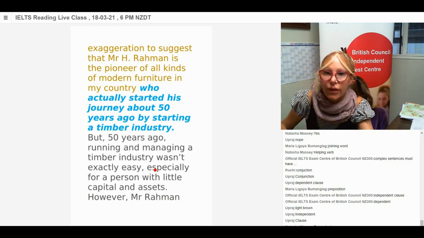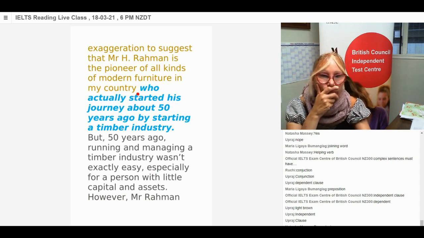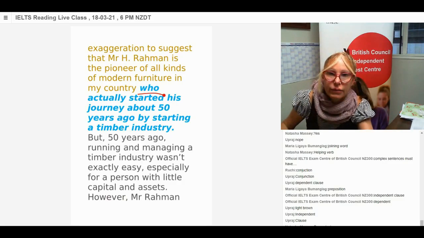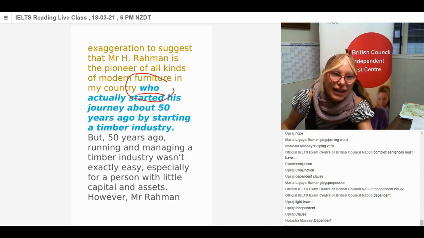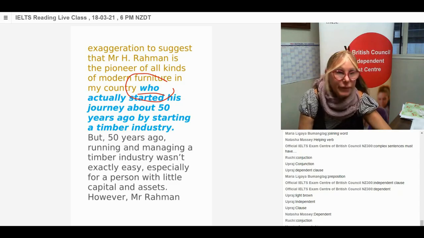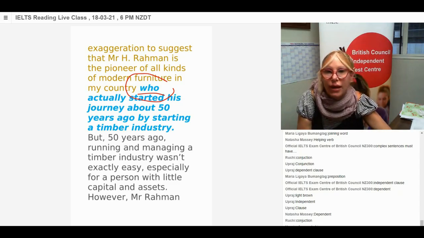Can someone tell me what this is called in the red? What type of word is that? Not quite. Yes, it's a reference to him. It's called a relative pronoun.